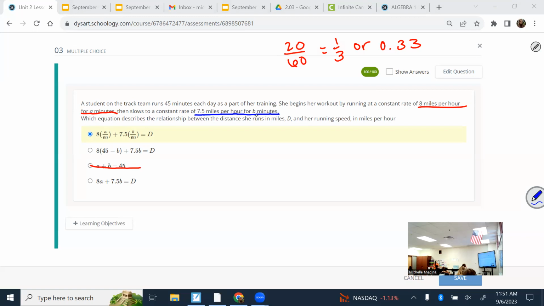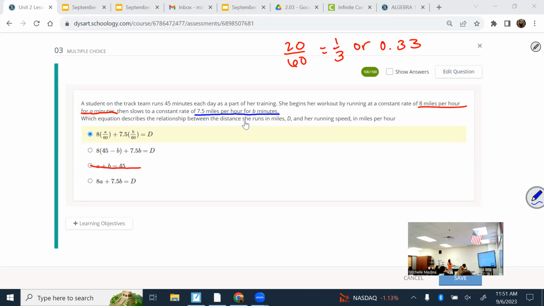So again, convert those minutes to hours, which is what this would do. We don't know exactly how long she spent doing that, so I can't actually tell you. But once you figure out how many hours that is, then it'll be times her speed. And then combined would give me her total distance. Does that make sense? Okay.